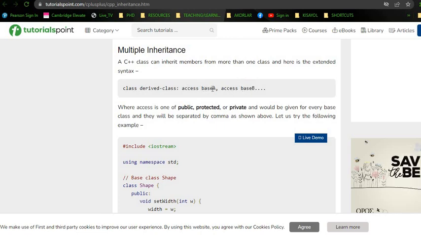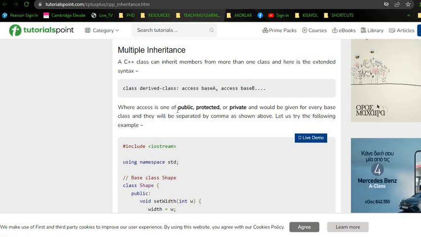Bases means base class names, so we can make a derived class which inherits from more than one base class.